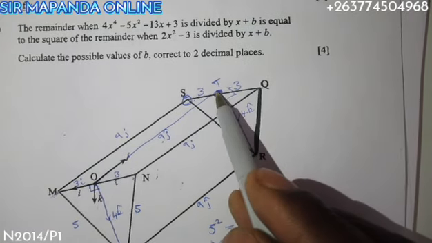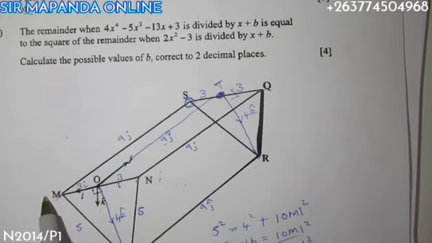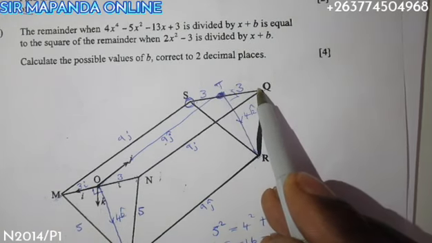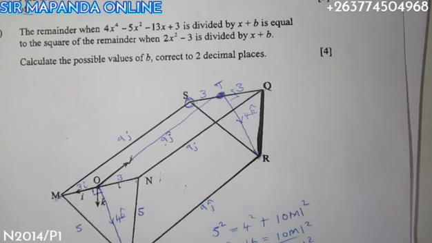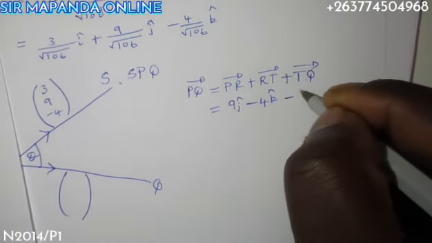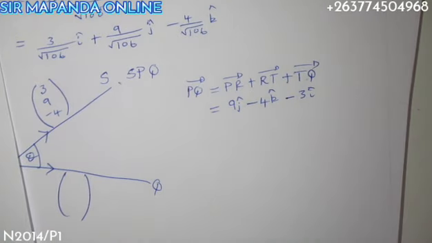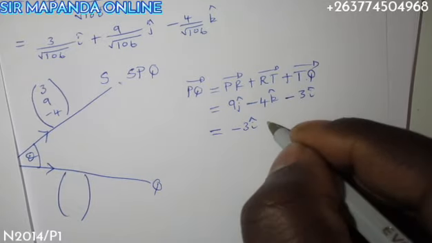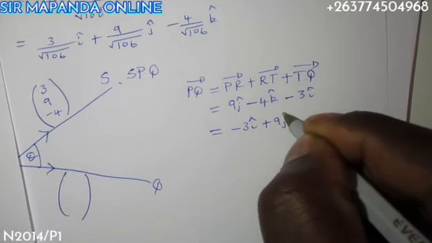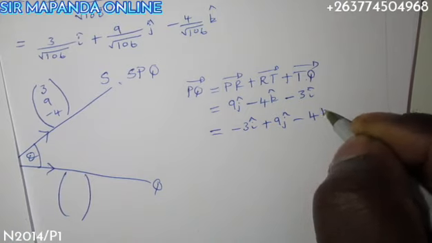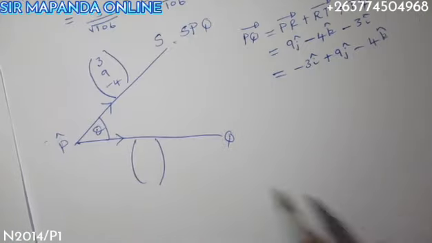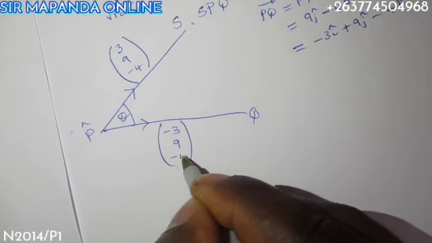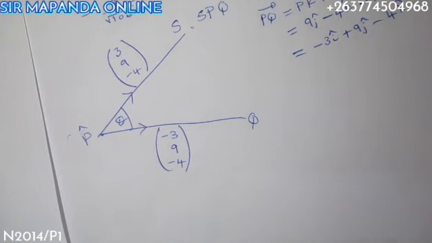So minus 3i plus 9j minus 4k is representing PQ. So you write minus 3, 9 here, and minus 4. I hope you are following, class.